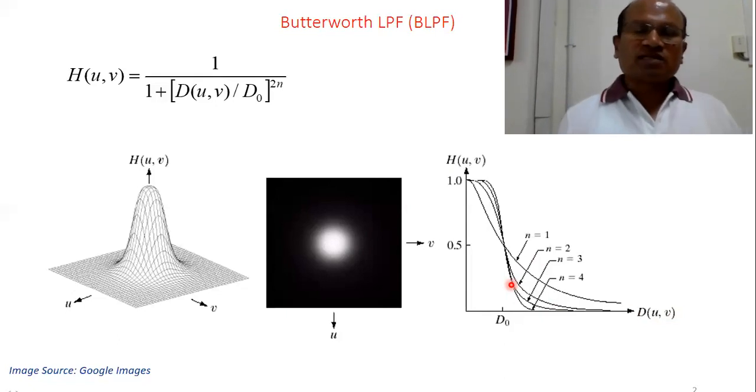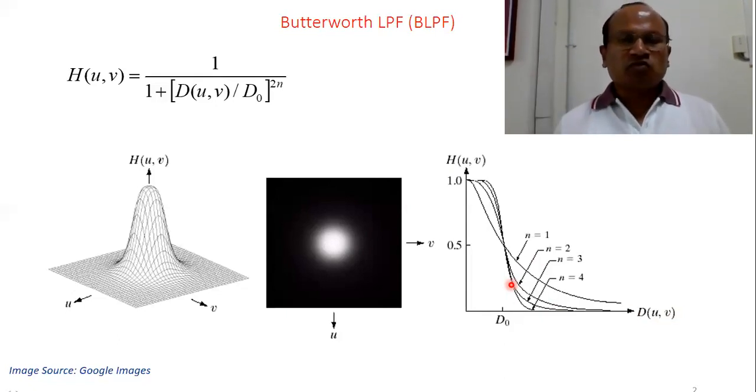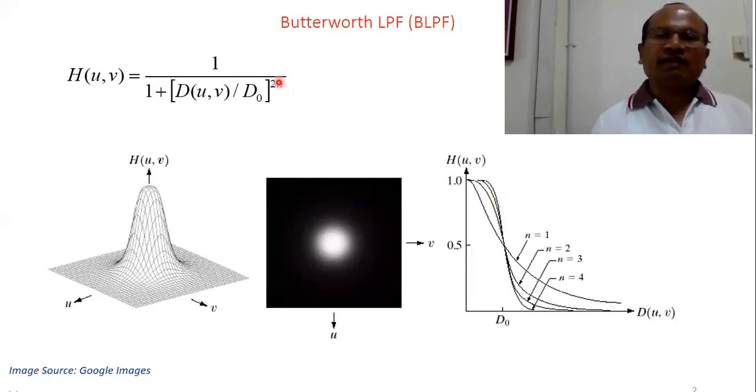In the ideal low pass filter, there was only one term, the cutoff distance. Now we have two parameters. One is the cutoff distance, and when it changes, definitely this transfer function will change. But another important parameter is the role of the filter order n.